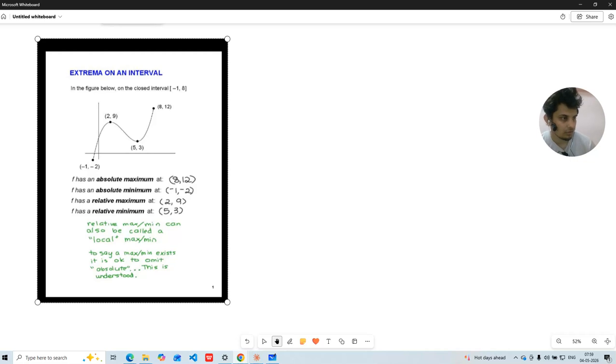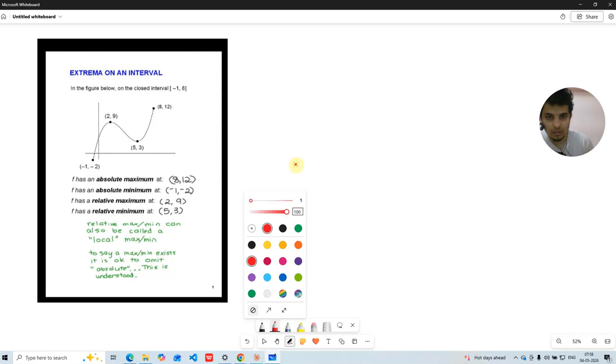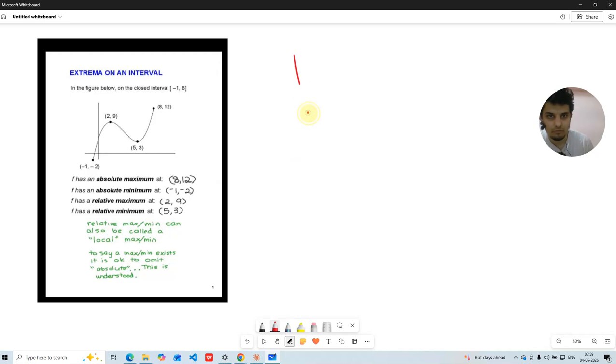So the whole point is that without lifting up your pen, if you draw a graph between a and b, there will be a point c which would be the greatest, and a point d which would be the least.